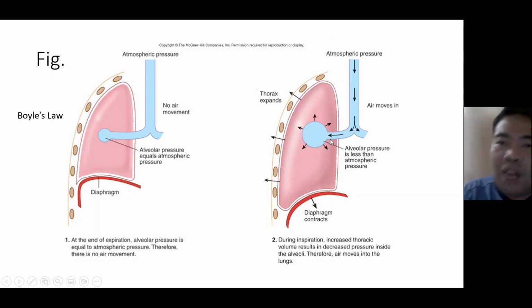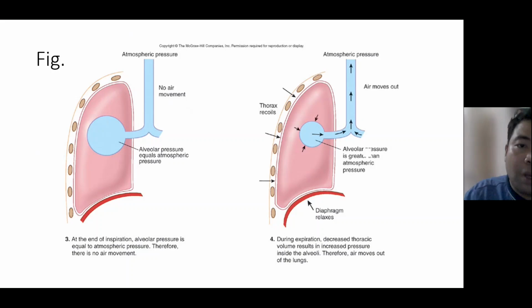Kasi di ba, air will move from higher to lower pressure. During inspiration, the intraalveolar or intrapulmonary pressure is less than the atmospheric pressure. So therefore, air will move inside. Ngayon, at the end of that inspiration, syempre may limit lang ang inspiration, di ba?